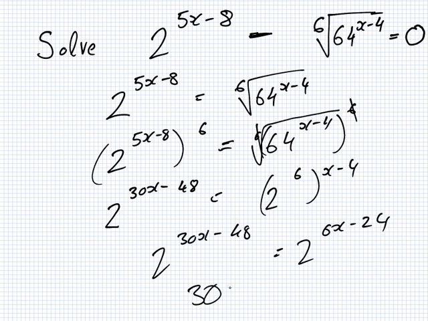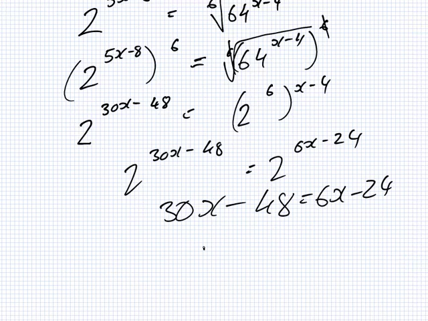So 30x minus 48 equals 6x minus 24. Right, so that's 24x equals 24. X equals 1. You get that? Yeah. Okay, good. Let's go on to the next type now, making it harder again.